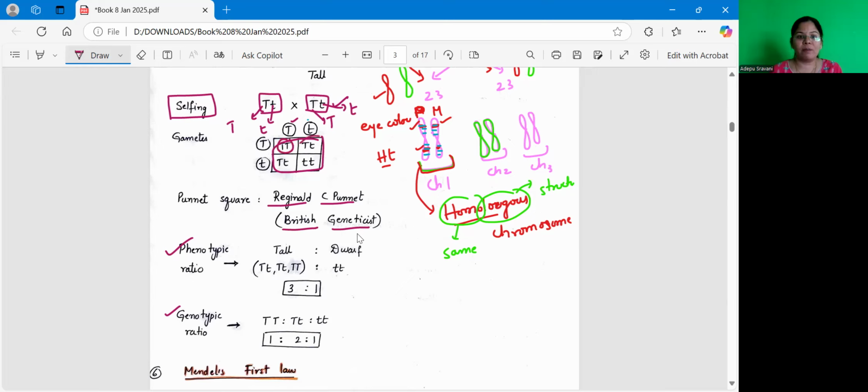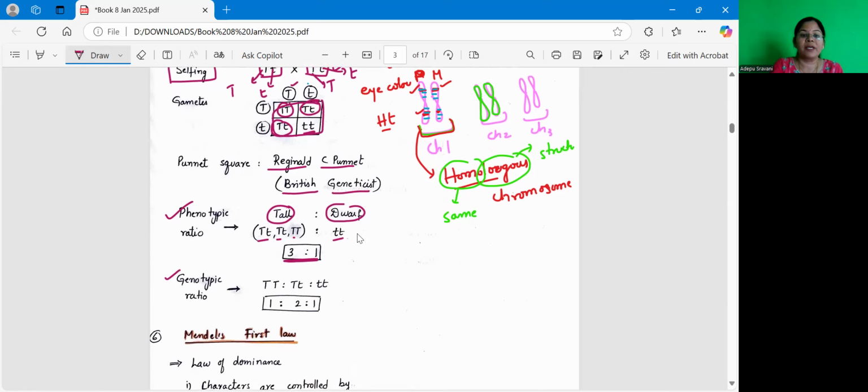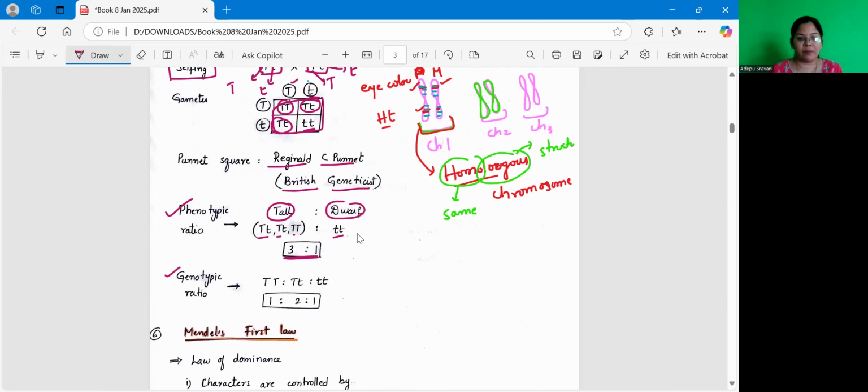That means whenever we have capital T, there we have tall plants only. So here we have tall plants 3 times and only once we have the dwarf. Clear? So tall to dwarf will be 3:1. And dwarf is only 1, small t, small t. Next, if you talk about the genotype, how many genotypes have we got? Capital T capital T is one type, capital T small t is another, and small t small t.